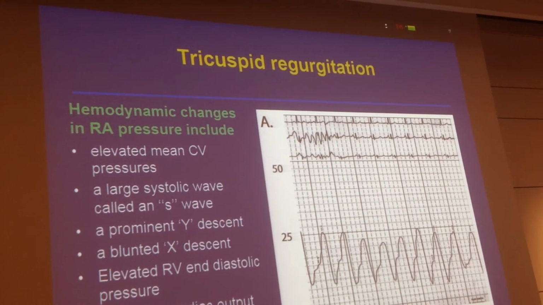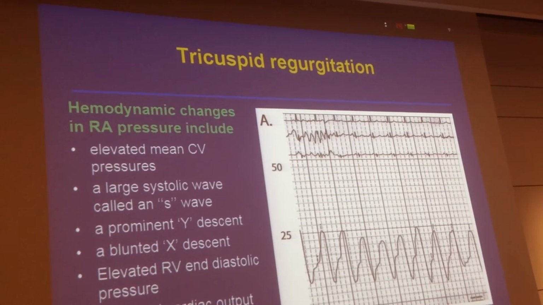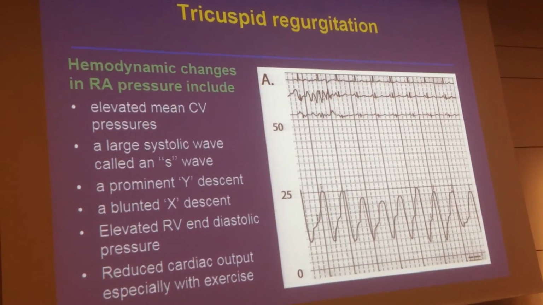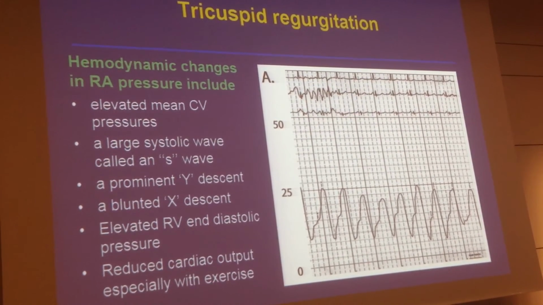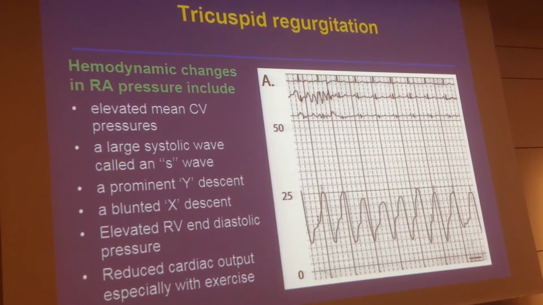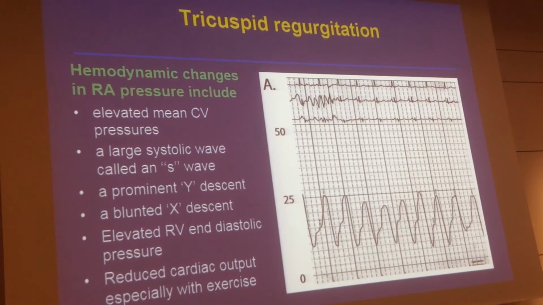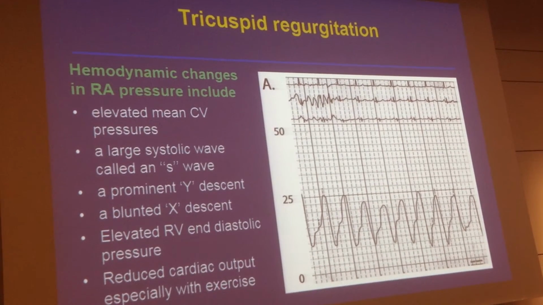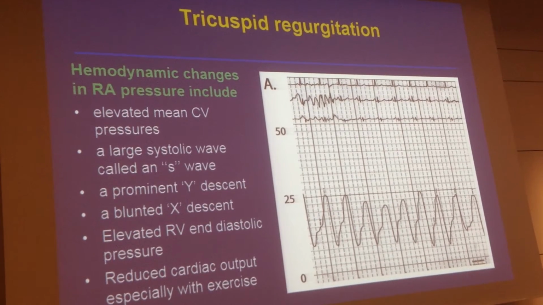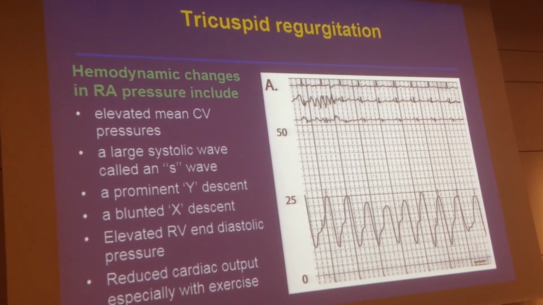To conclude, another thing which is really important to figure out, because it has a relevant hemodynamic impact on the outcome of your patient, is severe tricuspid regurgitation. And this is something easy to diagnose. All of our patients have a central venous line. Look at the trace of the CVP curve.